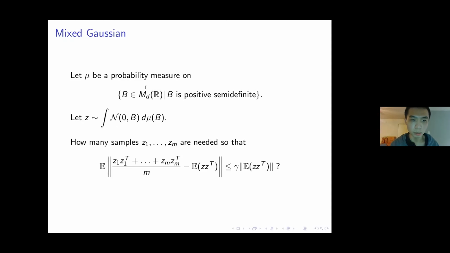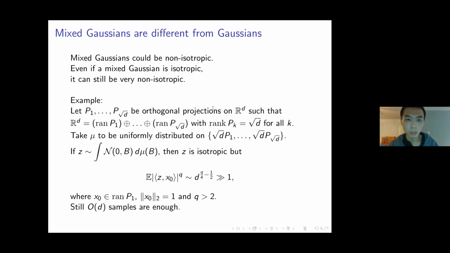But actually, mixed Gaussians can be very bad. Mixed Gaussians can be very different from Gaussians. So what is known for Gaussians does not straightforwardly imply what can be proved for mixed Gaussians. I just want to illustrate why mixed Gaussians are very different.